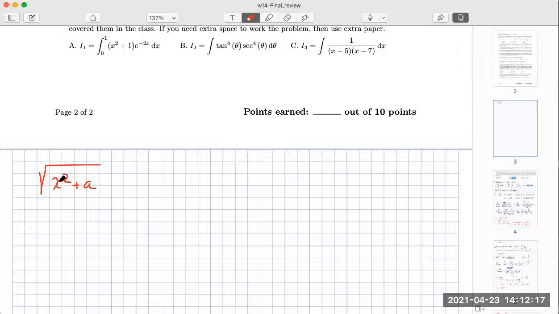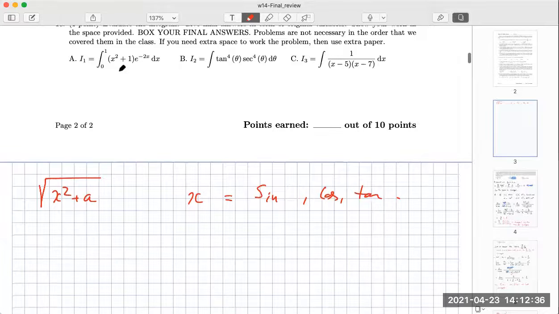That is why we want to get rid of the radical sign, and we replace x by sine or cosine or tangent somehow to get rid of the radical sign, but it is not the case here.